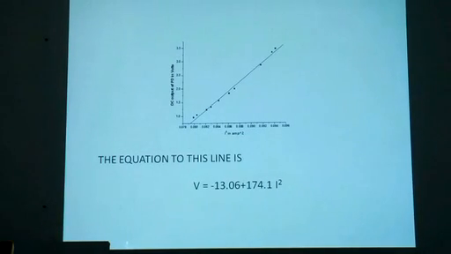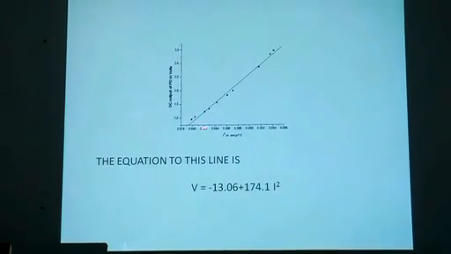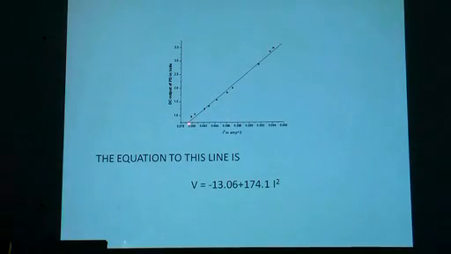This is an approximation. I fit a straight line through the points. The fit is not bad because the deviation of the point from the straight line is small. I calculate what is the equation for this line. The photodiode voltage is minus 13.96 plus 174.1 into I square.